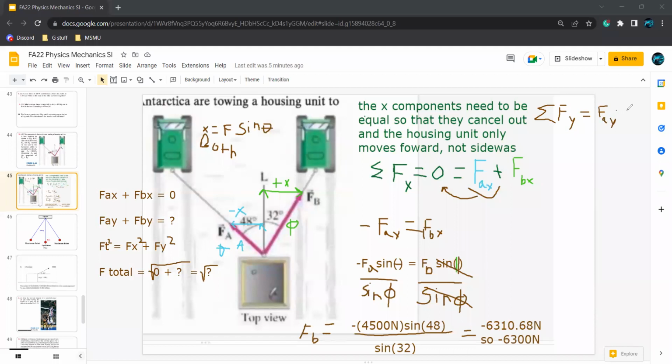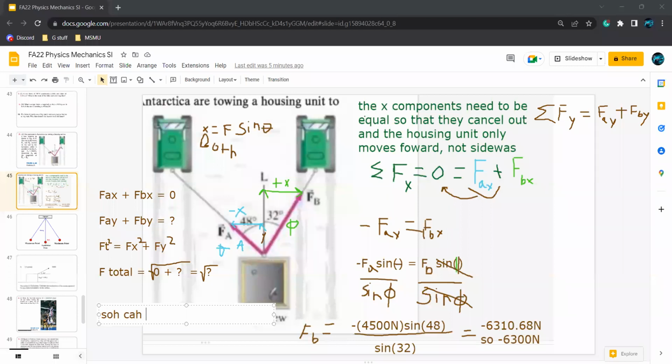FAY plus FBY, you know the deal. Just takes me forever to write it. There we go. So we can see that here, the adjacent side is the Y. So this is the Y, right? And it's adjacent for both of them. So if we remember our trigonometry, we have that little saying, SOHCAHTOA.